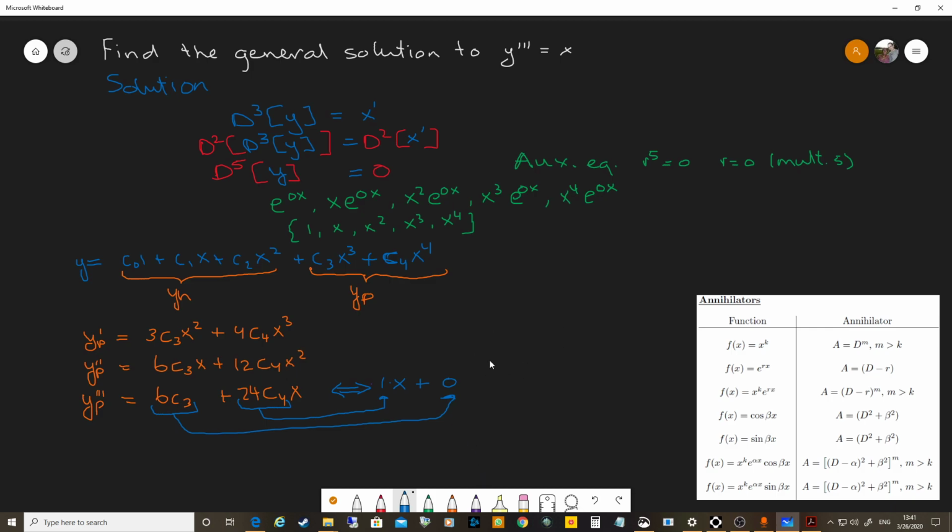So our final answer for c3 and c4 will be c3 equals 0 and c4 equals 1 over 24. And our final answer then is y equals c0 plus c1 x plus c2 x squared plus 1 over 24 x to the power 4.